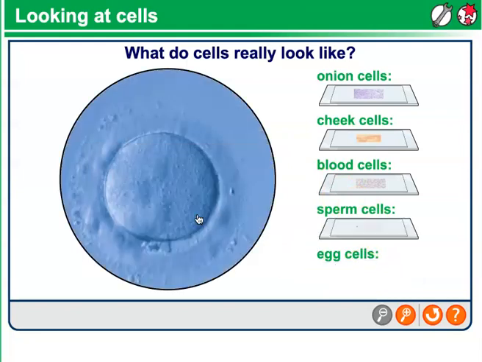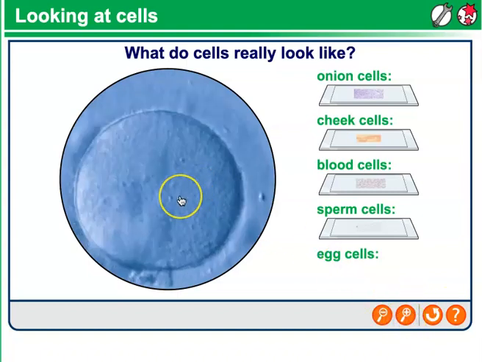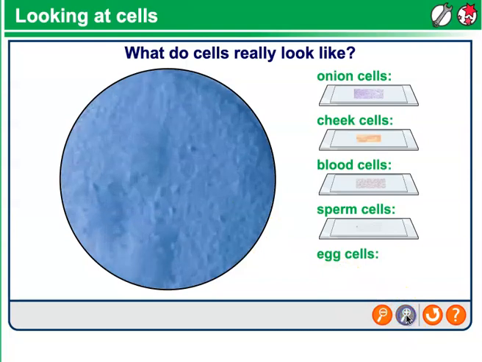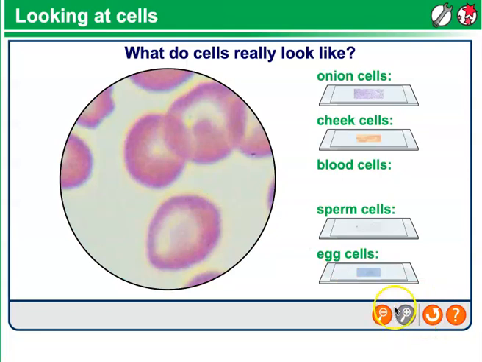And egg cells. Egg cells have a larger membrane around the outside. An egg cell is quite a bit larger than many of the other cells that we just observed. We can also zoom in on each one of these to see the internal structures of each one.